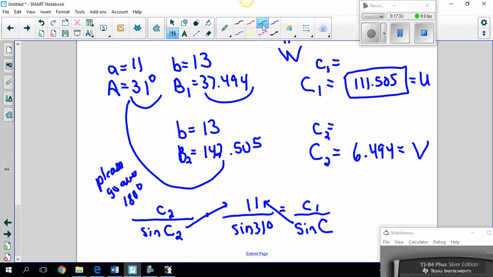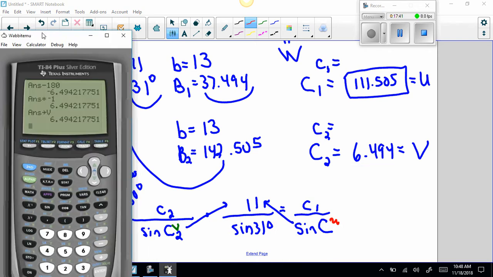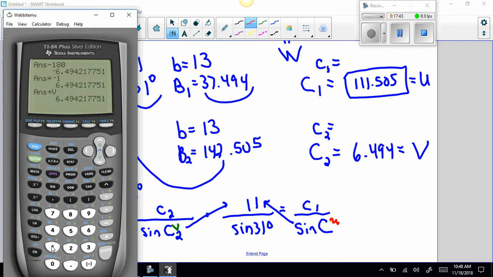Now remember, C2 is V, and remember C1 is U. So here's your calculation. 11 times sine alpha U divided by sine 31, 19.87, and that's C1.